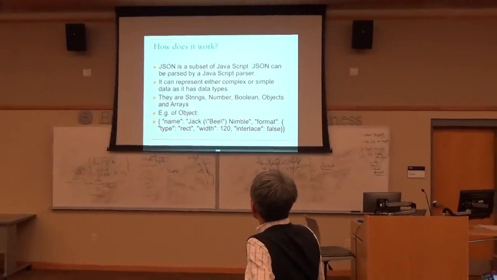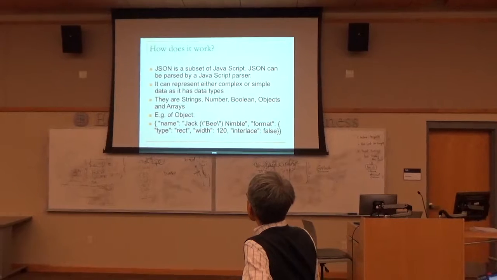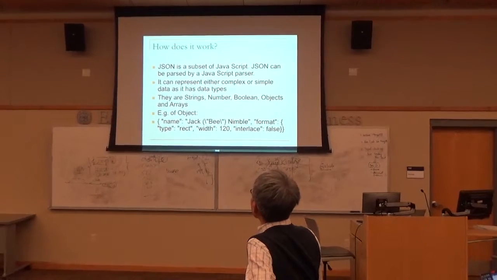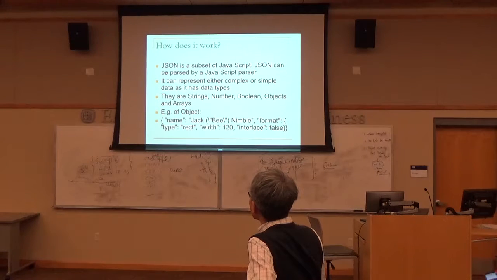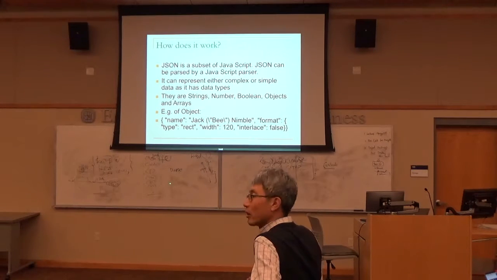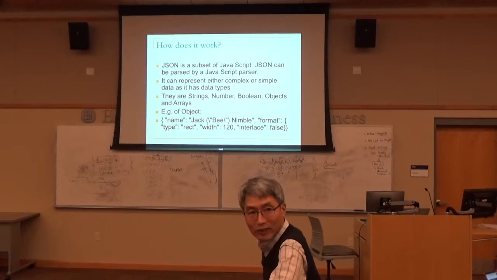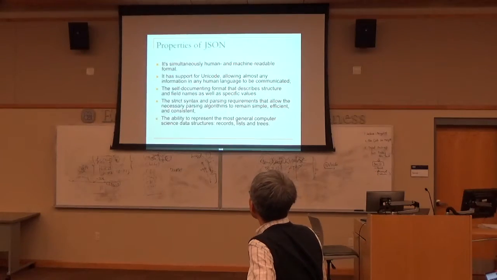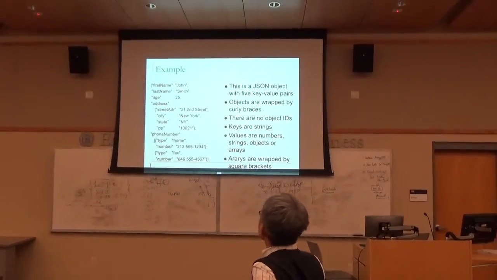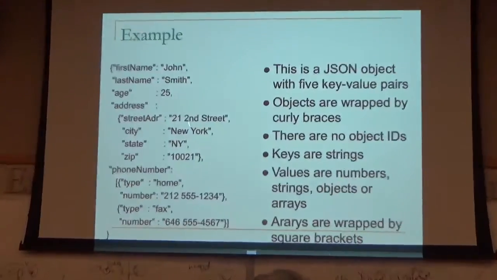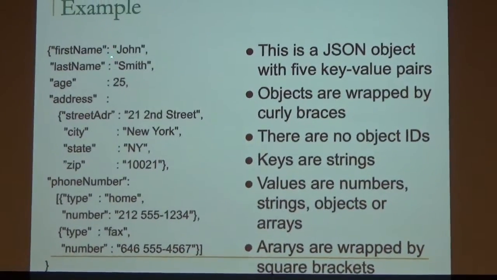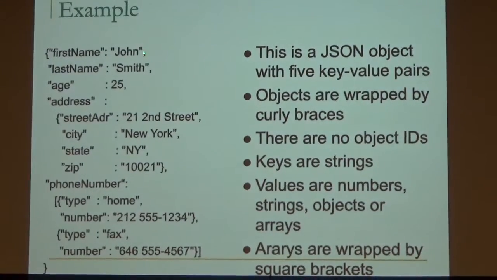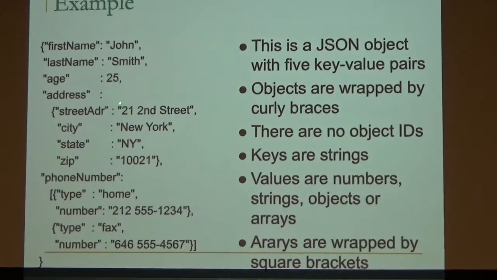Then each of them also supports string, number, boolean, object and array, but the format is very similar to the markup language. So if you know the markup language, for example, let's see the example of this one. First name is John, separated by a colon, and separated by a comma. We can have as many as we want.